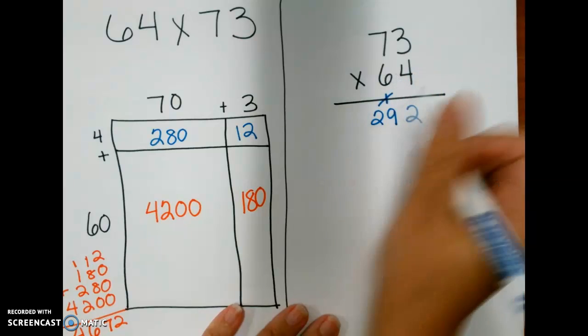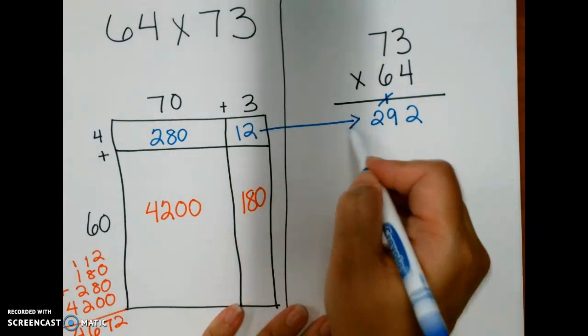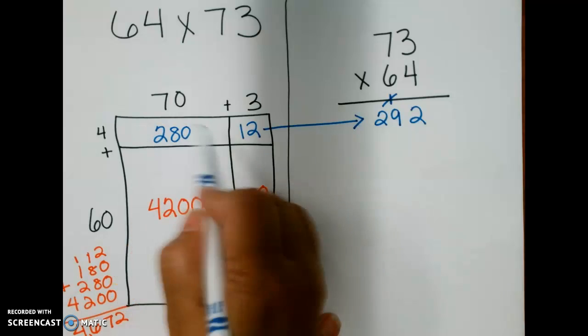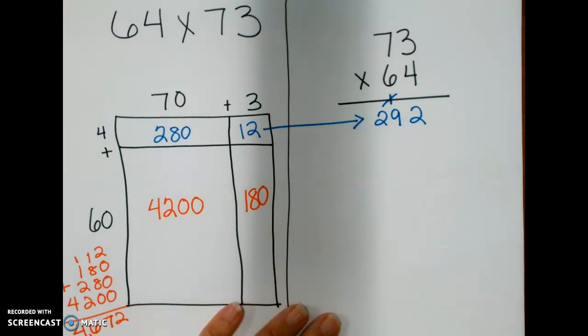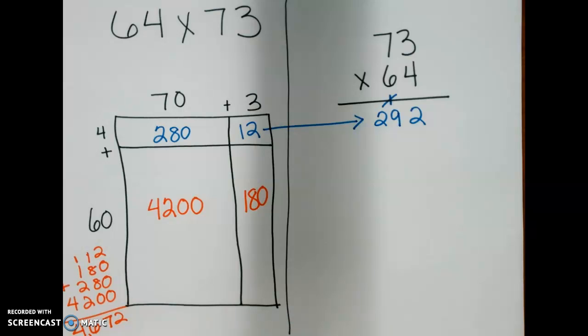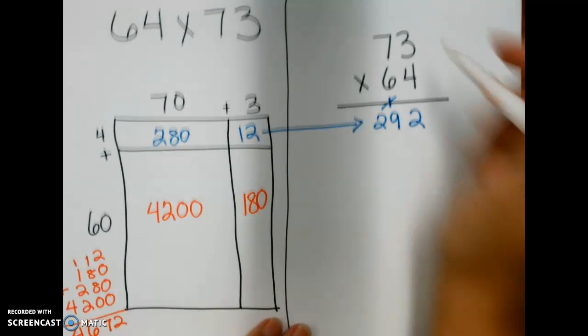Okay, so these two together equals 292. All right, now let's do my tens digit.